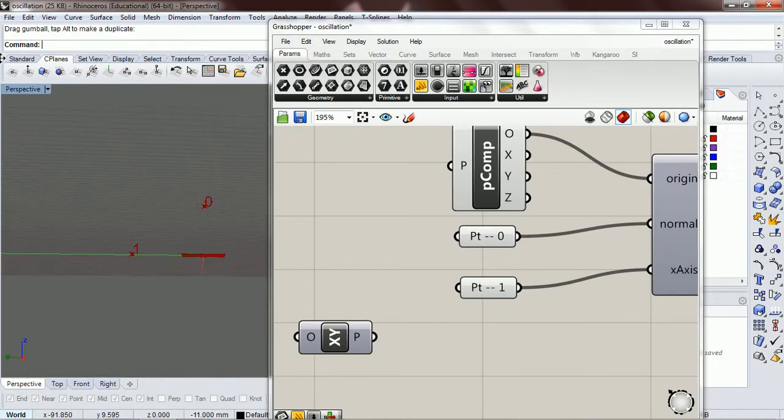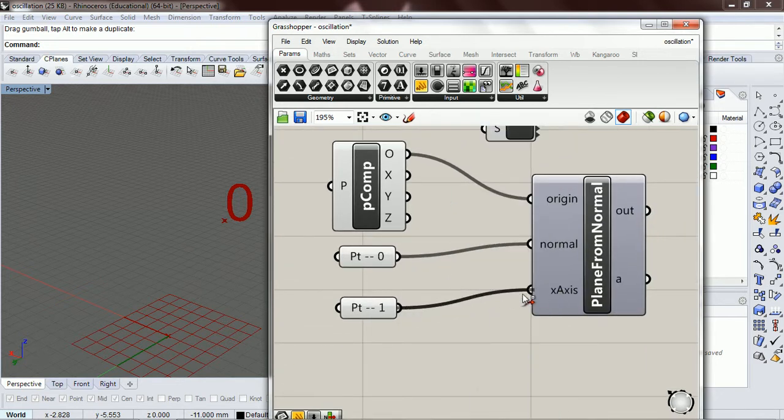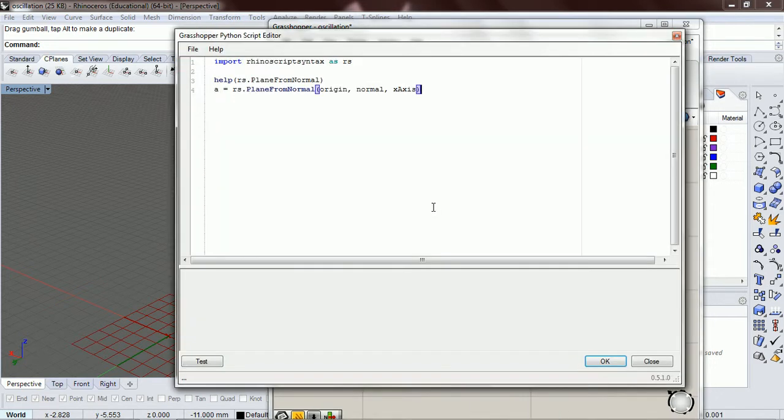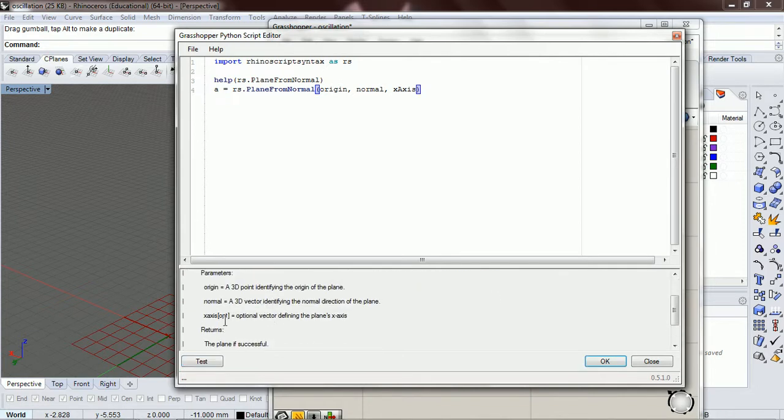Okay, well, let's try it without x-axis, because x-axis is optional.